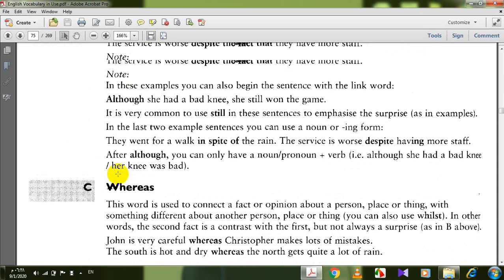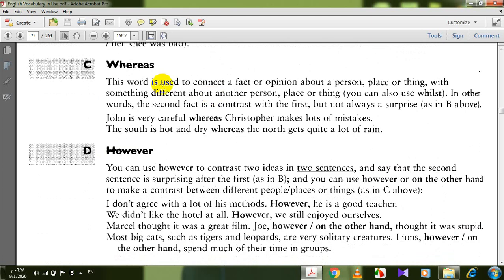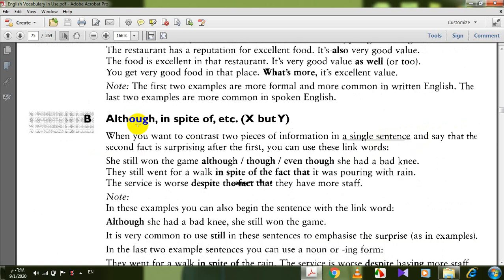However is the same as although, in spite of, etc. You can use however to contrast two ideas in two sentences and say that the second sentence is surprising after the first, as in B. And you can use however, or on the other hand, to make a contrast between different people, places, or things, as in C above. So it is the same as although.